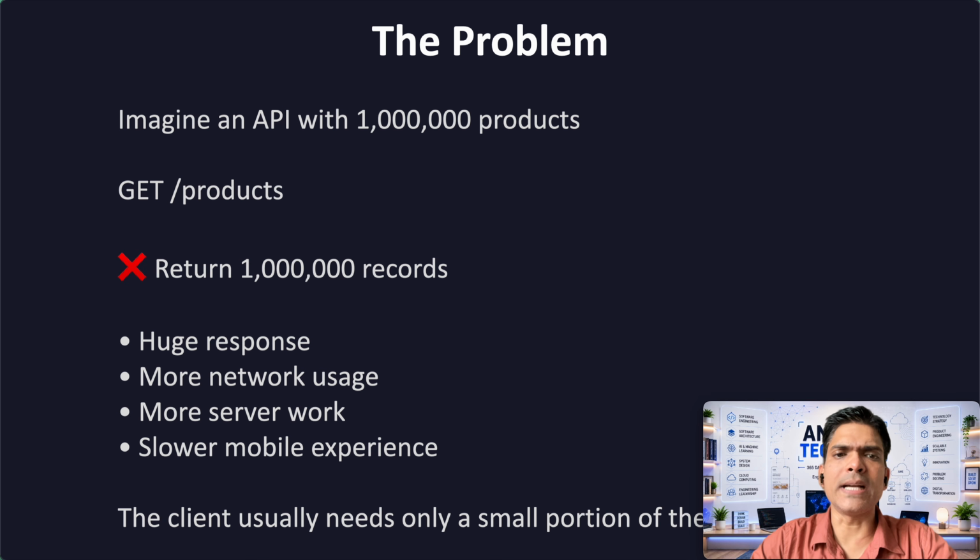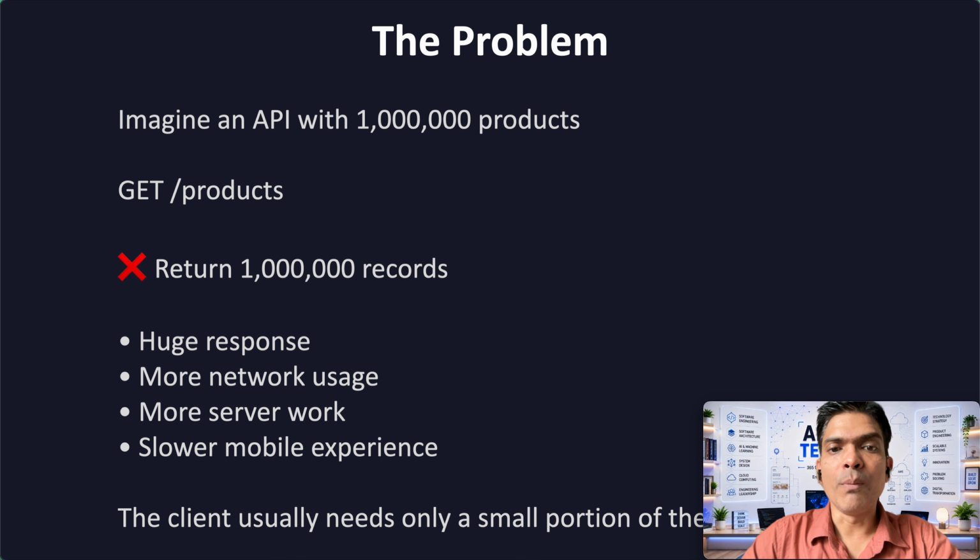Let's start with a simple example. Imagine we have an e-commerce application with 1 million products. Now, the mobile application opens the product listings screen. If we simply call the API and return all 1 million products, we have a serious problem. The response could be extremely large.